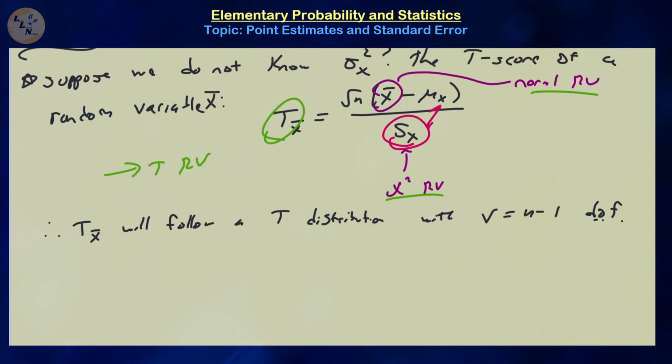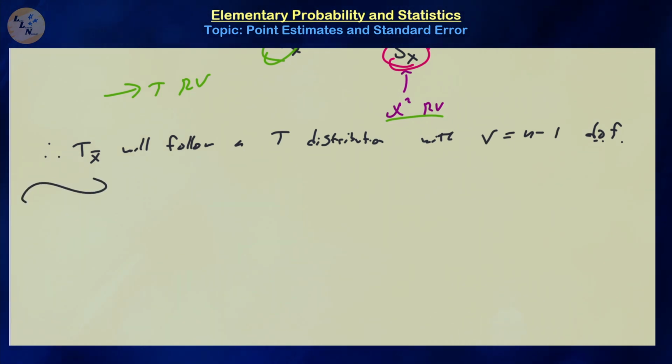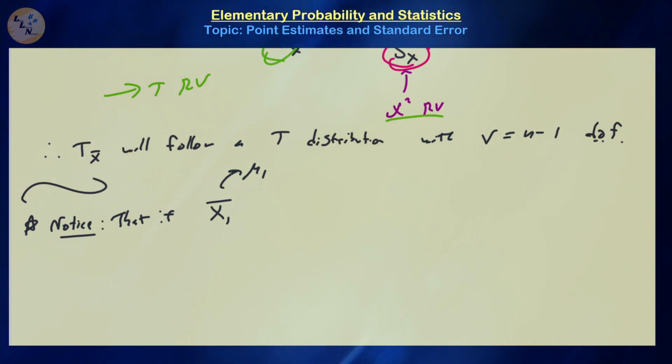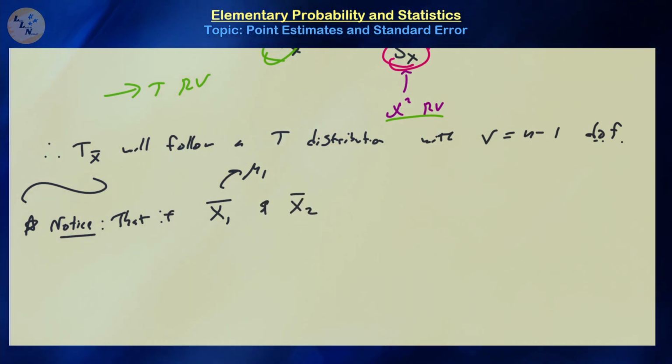So let's also mention a couple other important things that we have discussed at this point, just to summarize. So notice that if x1 bar, so let's assume that this is a sample mean that's approximating some population mean mu1, and let's assume that mu1 is the mean of a normal distribution or a normal population. And let's assume that x2 bar is the approximation for mu2, which is the population mean of another population, or possibly the same population at a different time.